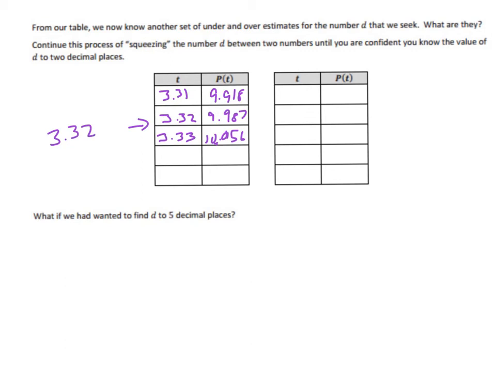So now let's take it even a step further. Go another decimal spot. If I punch in 3.321, I get 9.994. Boy, are we getting close. If I punch in 3.322, I actually get 10.001, almost on the noggin there.